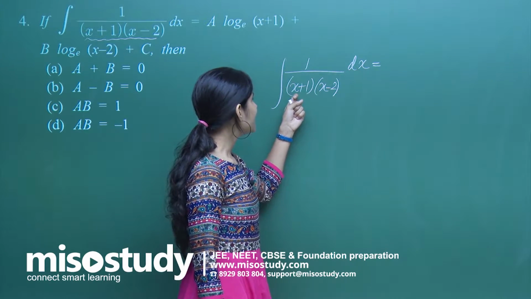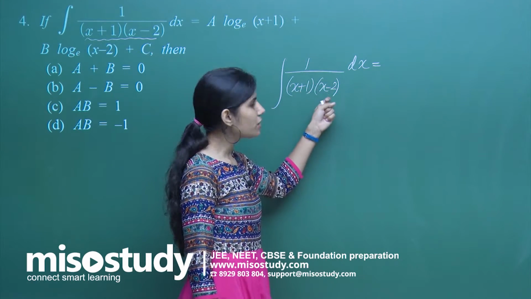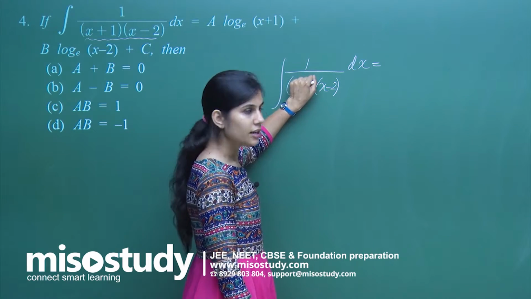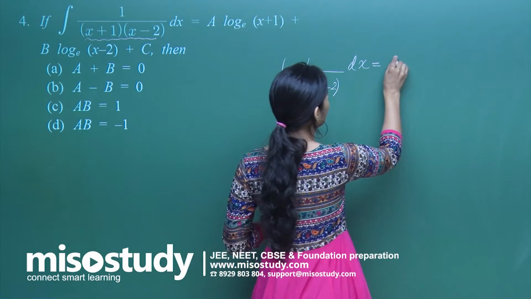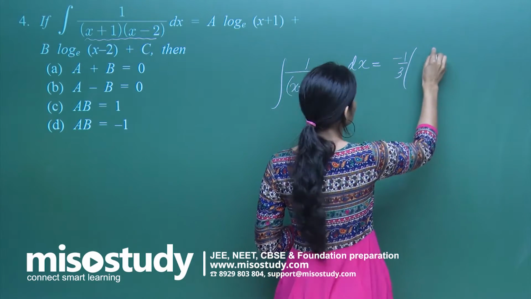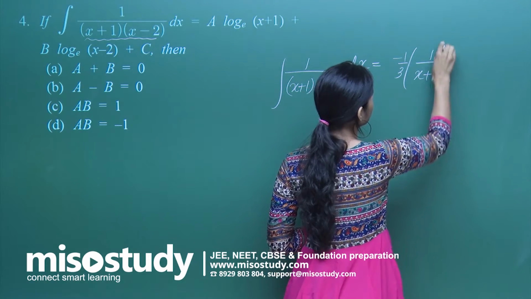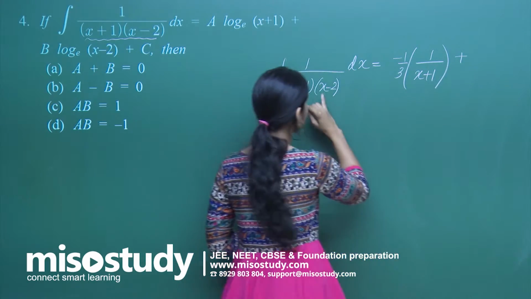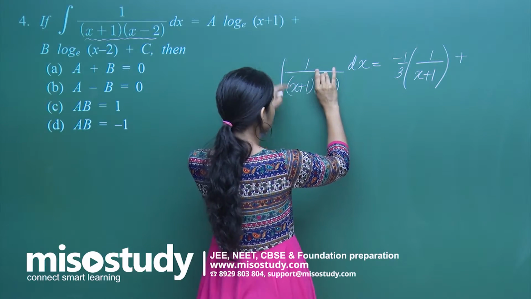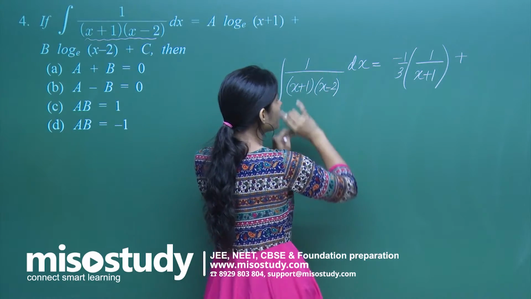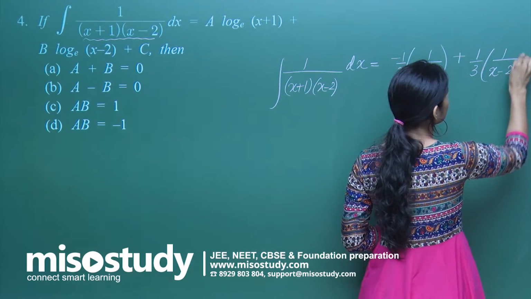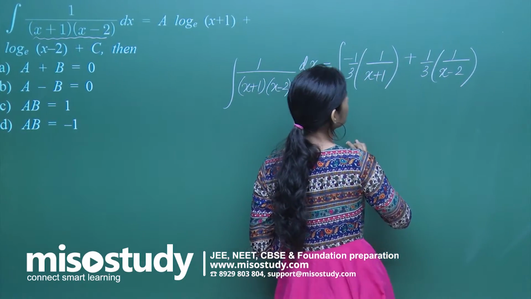If you put x equals minus 1, you get 1 upon minus 3. Just ignore this expression, put x equals minus 1. You get minus 1 upon 3 times 1 upon x plus 1. Plus, if you put x equals 2, not in this expression, in the rest of the expression, x equals 2 gives you 1 upon 3. So you get 1 upon 3 times 1 upon x minus 2, and you need to integrate this now.